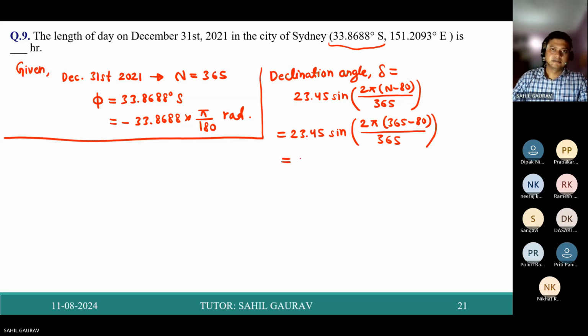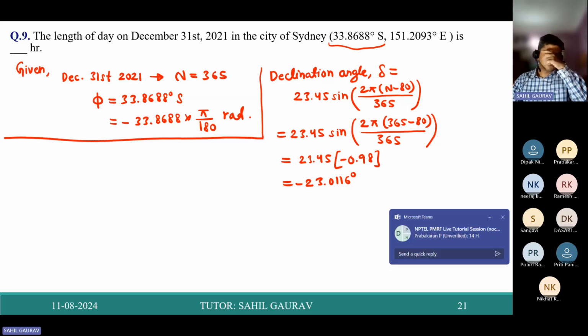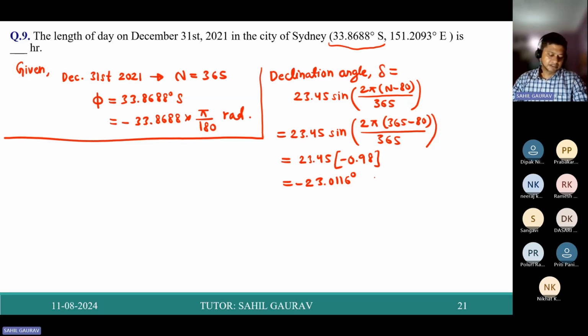So this will be 23.45 and the sine of this gives you minus 0.98. So this will give you minus 23.0116 degree. In order to convert to radian, you have to multiply with... yes, correct Prabhakaran, it is 14 hour. Very good.